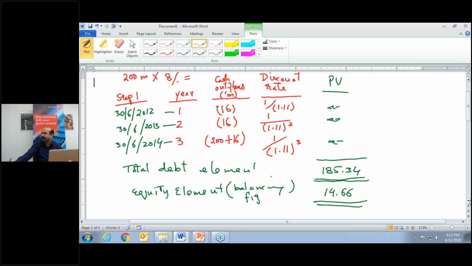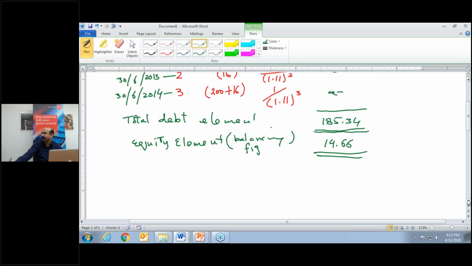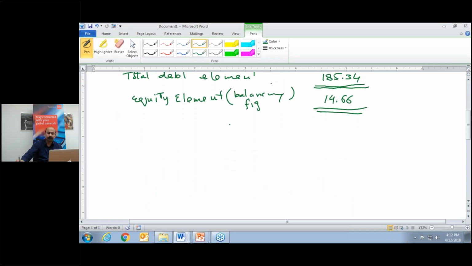Now, before passing the double entry initially, we shall allocate the issue cost to these two elements. For example, here we have the liability element, the debt element, that we calculated as 185.34, and then there is the equity element, 14.66.